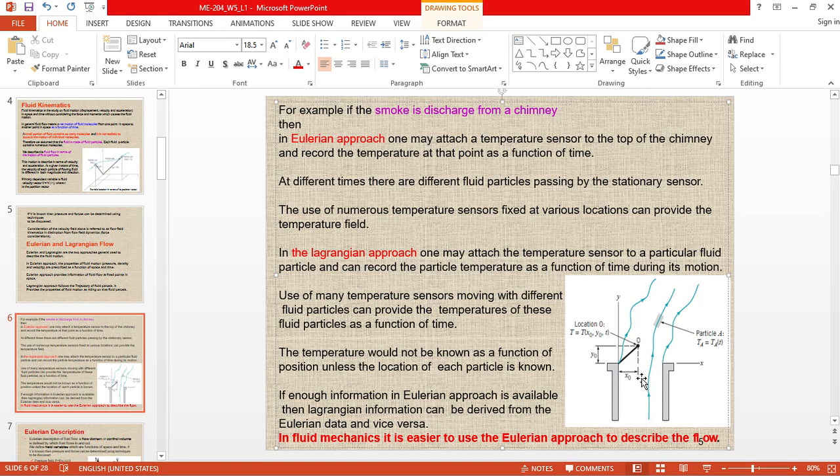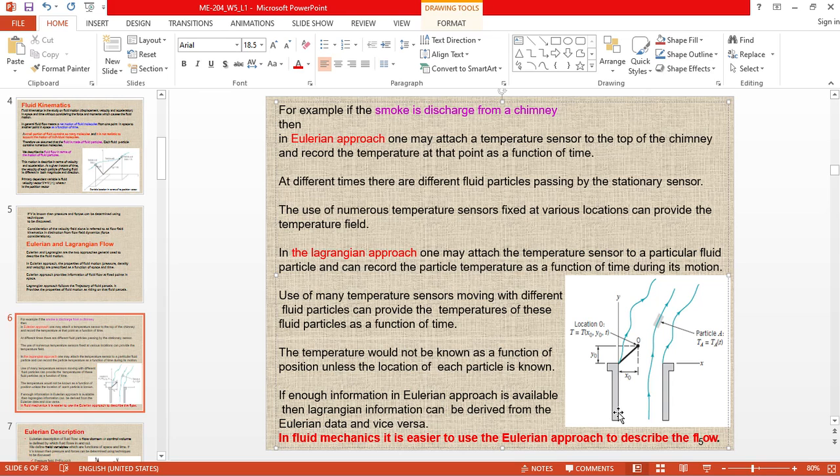If you want to measure the temperature at another point, you can put another sensor there. If you want to measure the temperature of the fluid after passing here, you can do it like this. If you want to measure the temperature of the fluid particles passing through this area, you can put a sensor here. So this is the Eulerian approach.